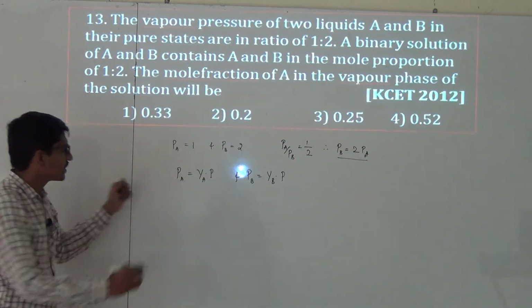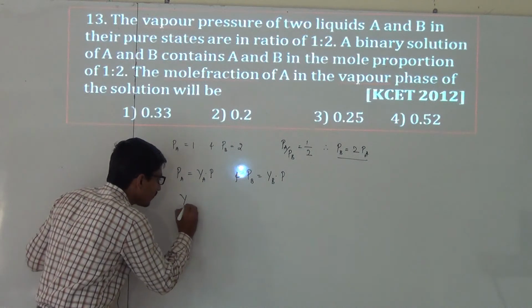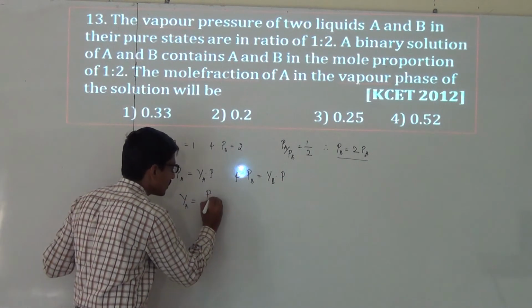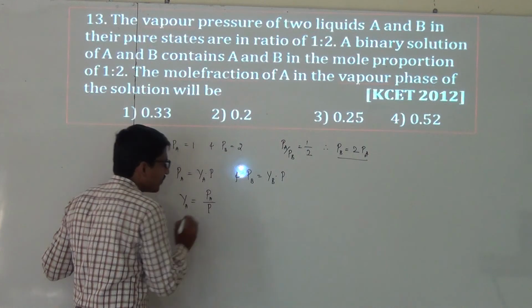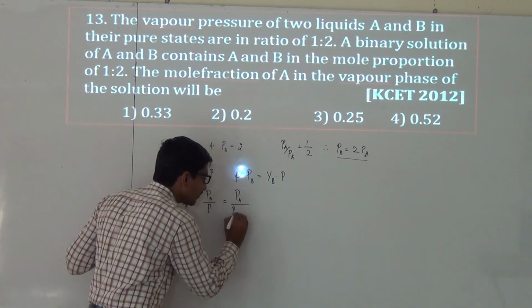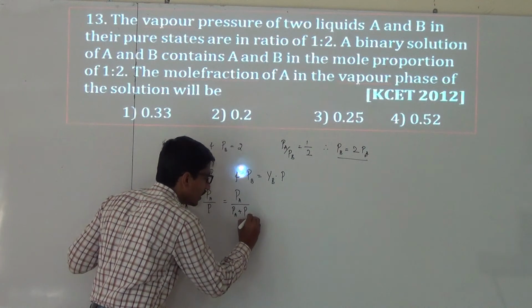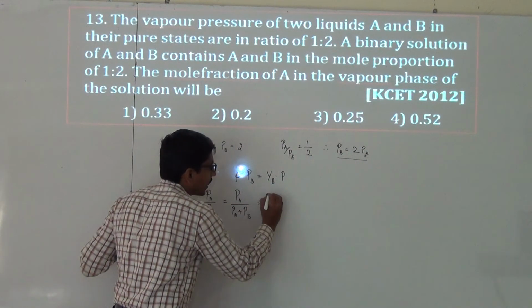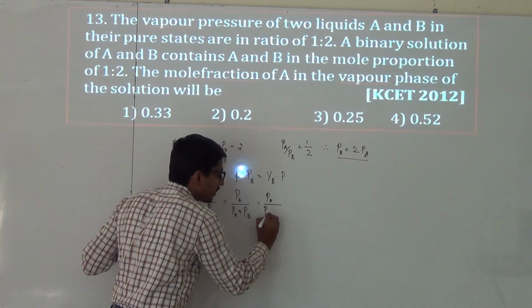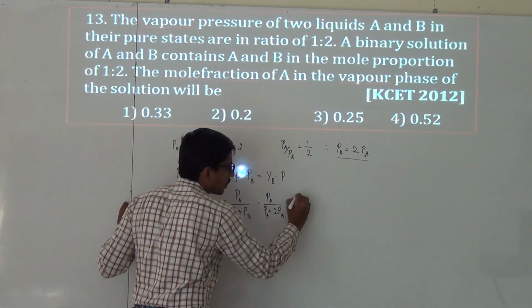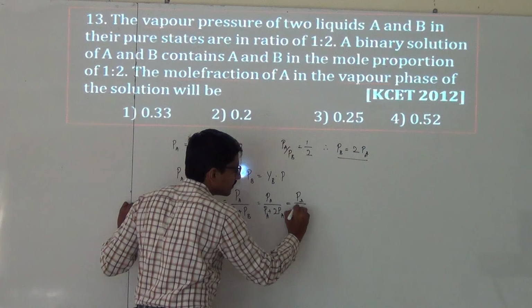From this, we have to calculate the mole fraction of component A in the vapor phase, which is equal to PA by P. P is nothing but the total pressure, which is PA plus PB. Then from the relation PB is equal to 2PA, we get PA divided by PA plus 2PA, which is PA divided by 3PA.